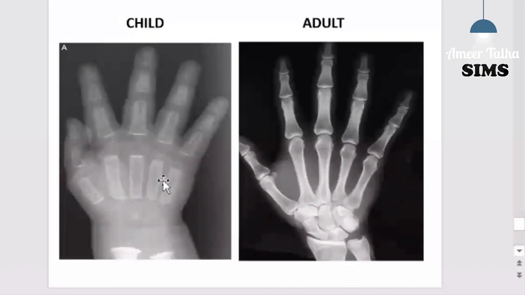First, ossification starts in the primary centers before birth, and then the ossification starts in secondary centers which appear after birth, with one exception of the secondary center of ossification which appears before birth. That is the ossification center for the lower end of the femur that appears just before birth. All other secondary centers of ossification appear after birth.